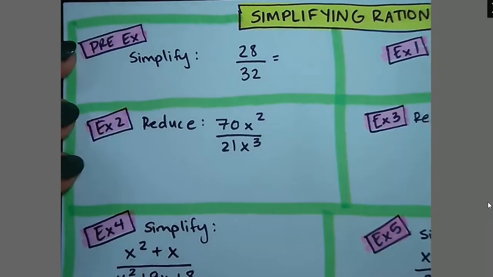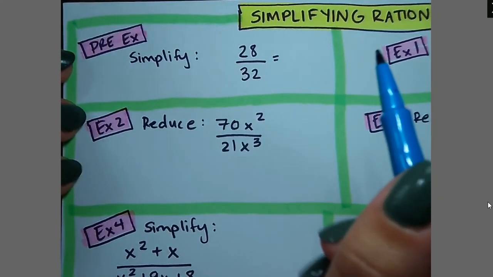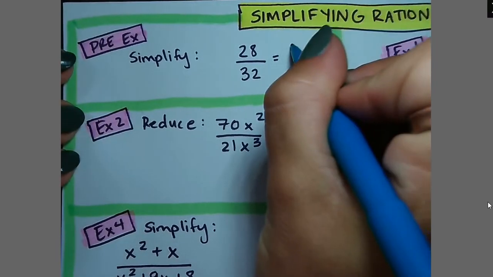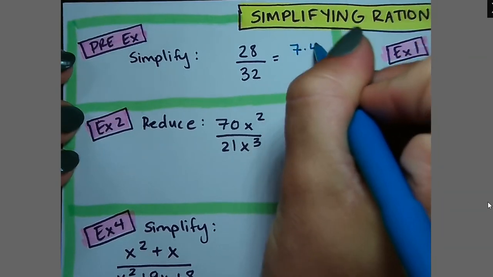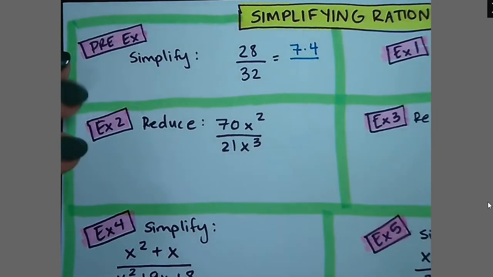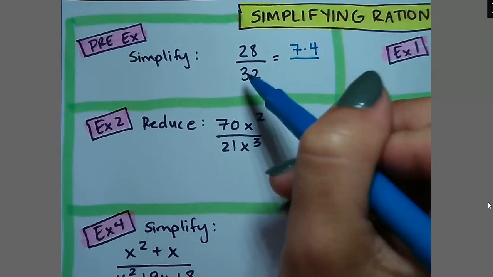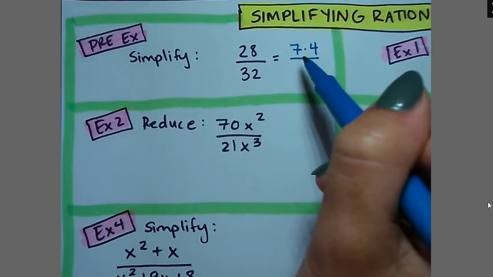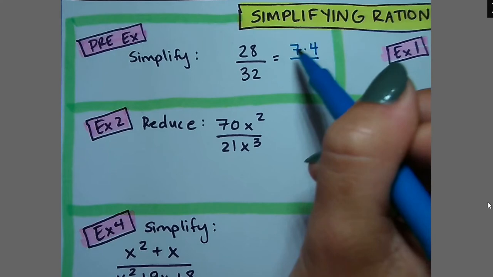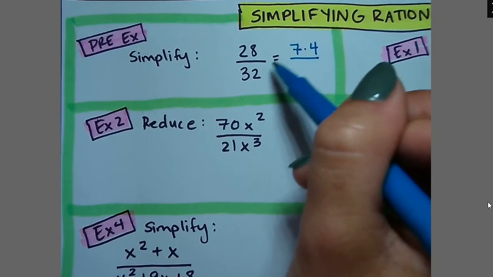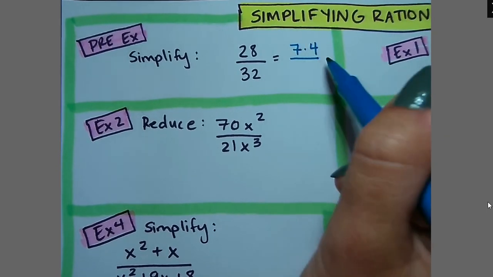So if I'm looking at 28, I know that the factors of 28 are 7 and 4. And I know that there are multiple factors of 32, but I want it to cancel out with one of these factors of 28. So 32 is not divisible by 7, but 32 is divisible by 4.